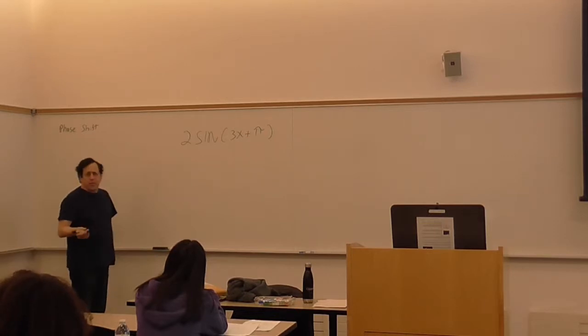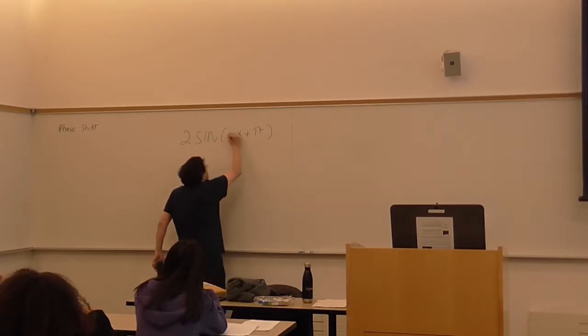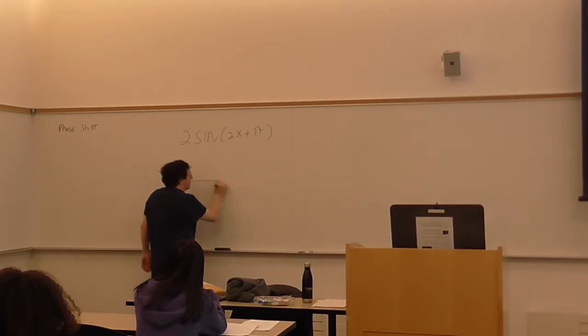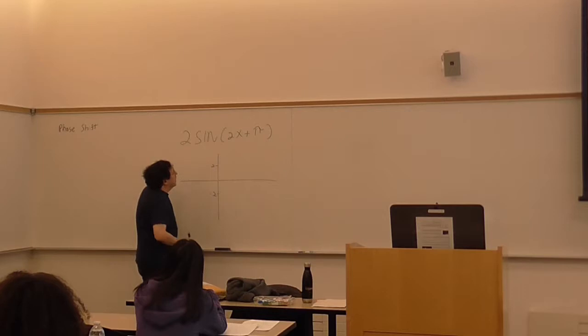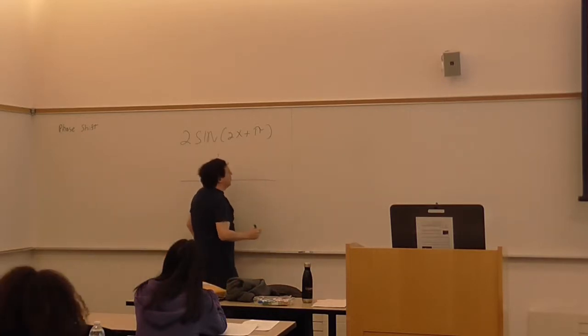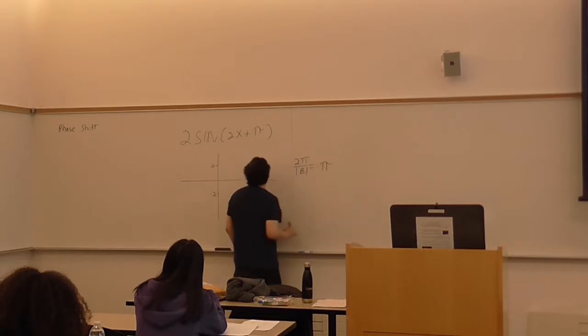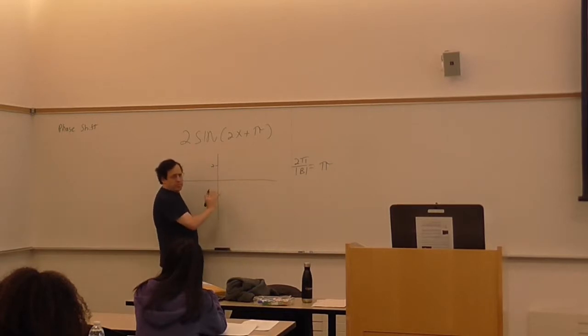A very common thing I would do: notice a sine function with an amplitude of 2, and my period is no longer 2 pi, it's 2 pi over the absolute value of b. So I know its period is pi. Just going to graph this part, ignoring the shift for the moment.